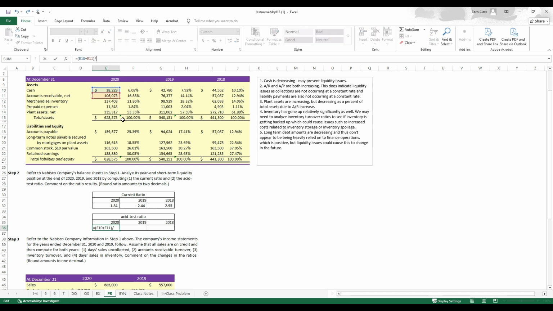So we're going to take that total and divide by accounts payable now. Let's see, did I miss anything? Nope. Okay, that looks good.